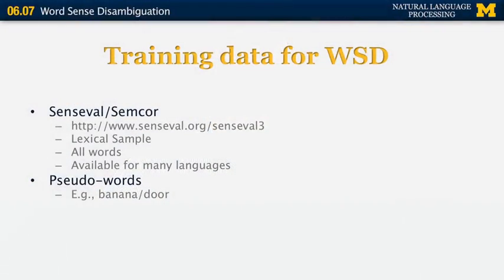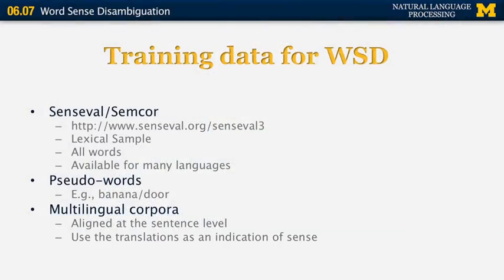So for example, every time we see the word banana, we're going to replace it with a single token that stands for banana or door. And we're going to do the same thing for every occurrence of the word door in the document. So we have those tokens that could be either one or the other. And then we can train a classifier, because we know in each instance what was the actual word that was used.